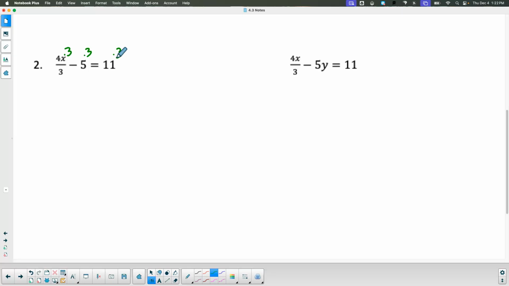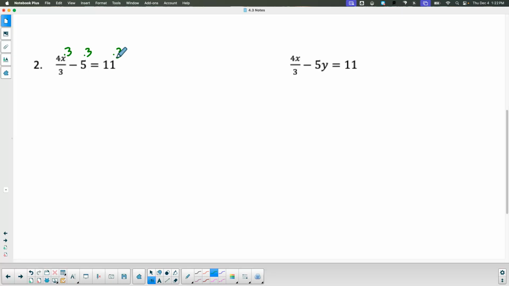Anybody do it differently? Because here, I would have actually added 5 first to both sides. And then I would have multiplied by 3, and then I would have divided by 4. Actually, I would have multiplied by 3/4, but that's just me.